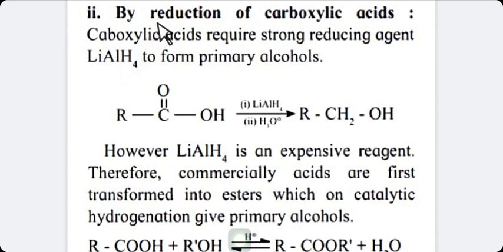So students, we are doing reduction of carboxylic acid for the preparation of primary alcohol by using the strong reducing agent lithium aluminum hydride.